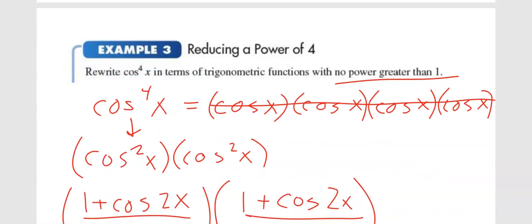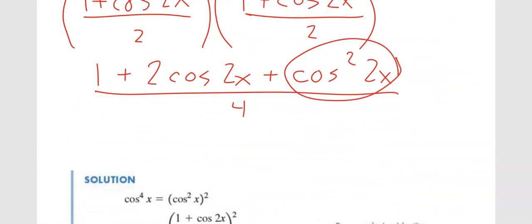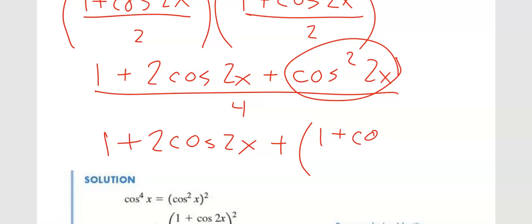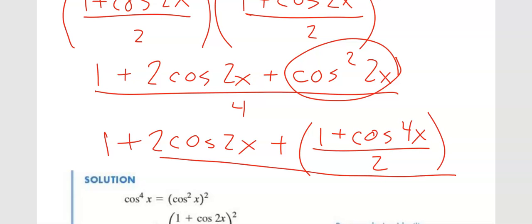This is why this particular problem, in my opinion, wouldn't be a good one. They're saying, is that kid going to realize that this is 1 plus cosine 4x all over 2? Folks, this is ugly.